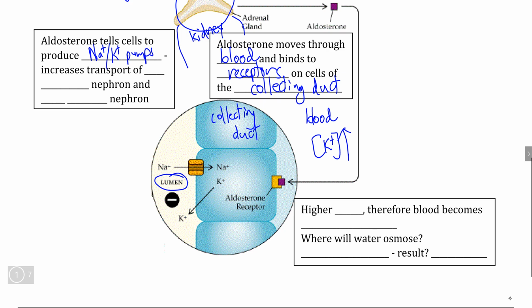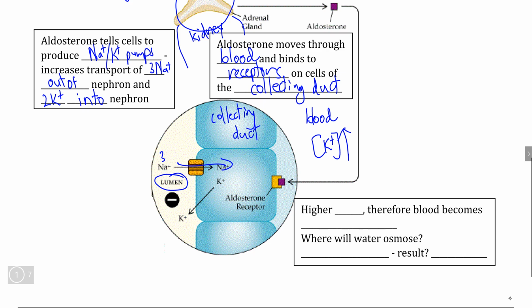And as we have seen in the nervous system, each sodium-potassium pump is able to transport 3 sodium ions out of the nephron, which is happening here, while simultaneously transporting 2 potassium ions from the blood into the nephron like this.